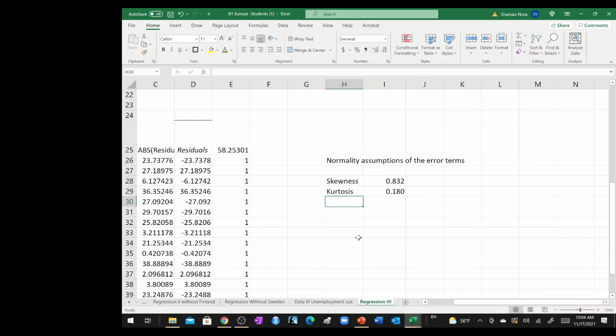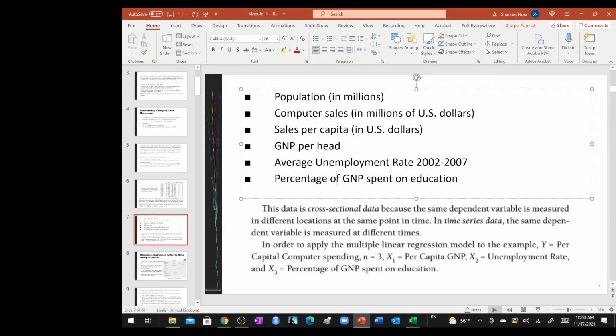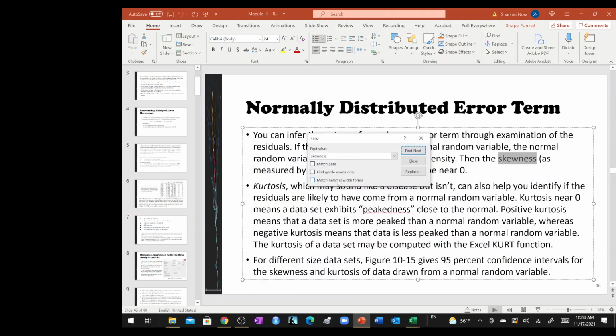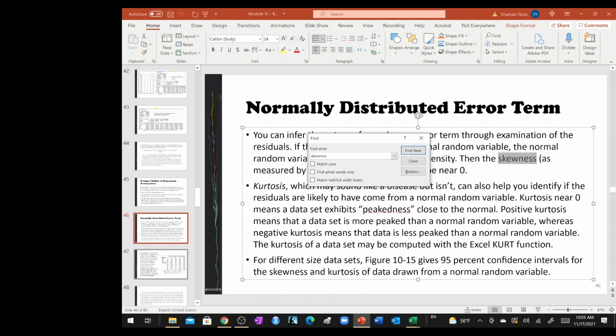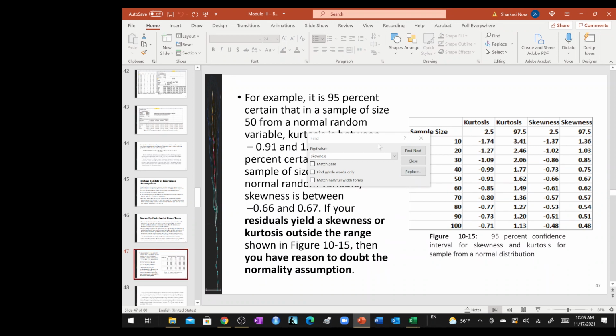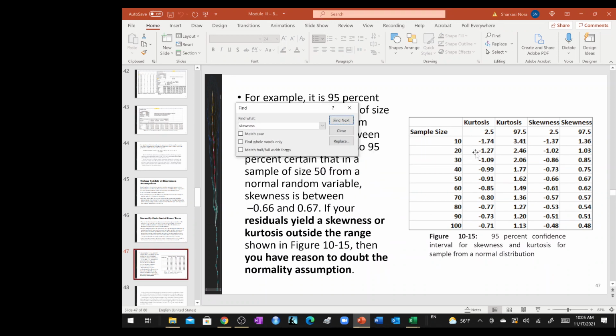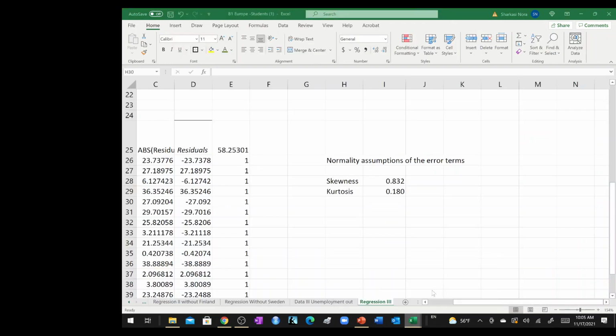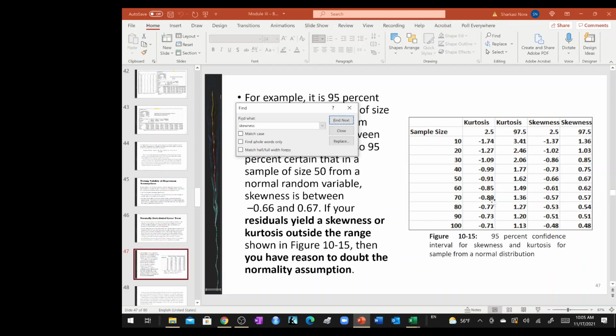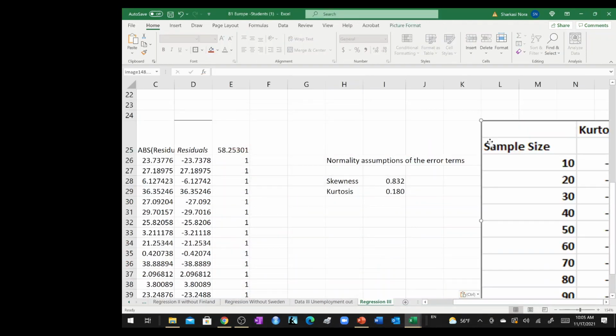If you guys remember, we had that table. As you can see here, our sample is 20. So if the skewness is within these bounds, which it is, then it is normally distributed. Let's copy this, it's in the slides.